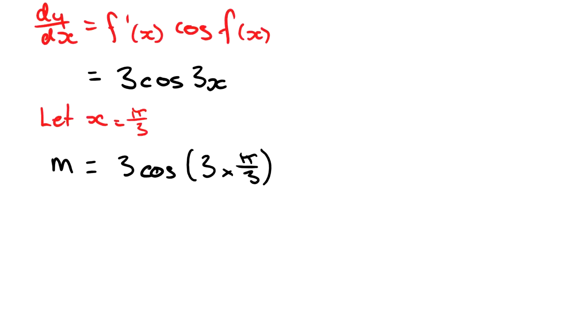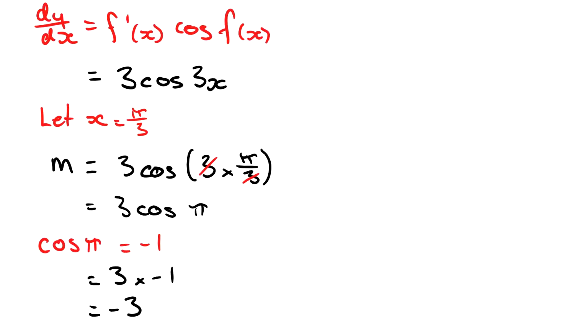Notice that these 3's will cancel out. So we're left with 3 cos pi. Now remember, cos pi equals -1. So 3 times -1 is -3. So the gradient is -3 for the tangent.